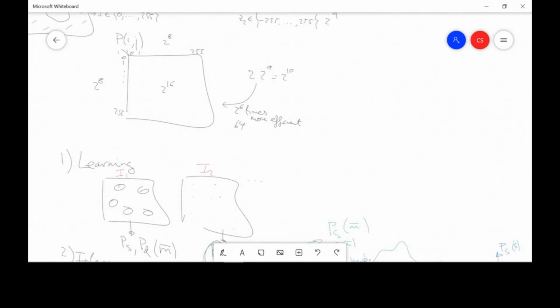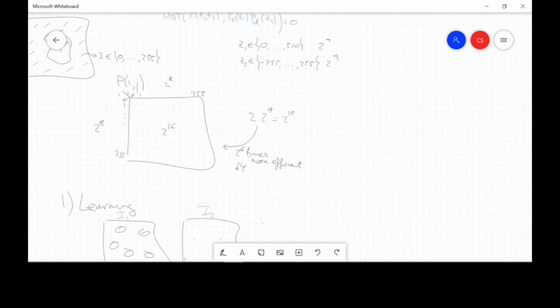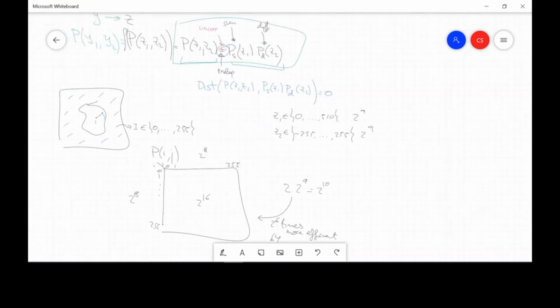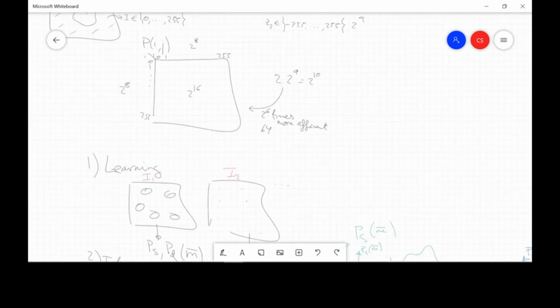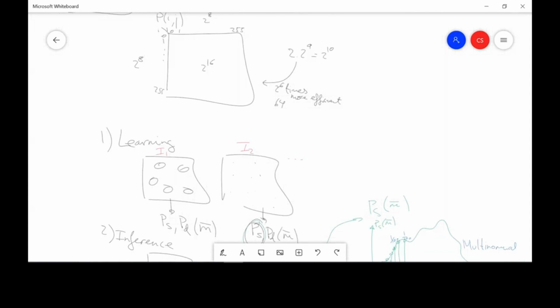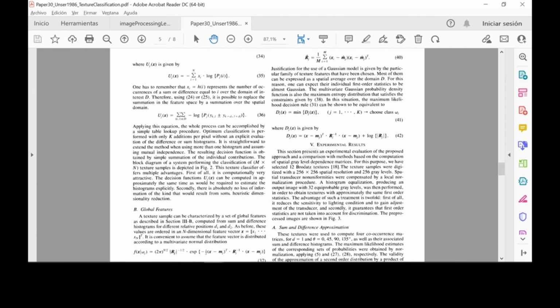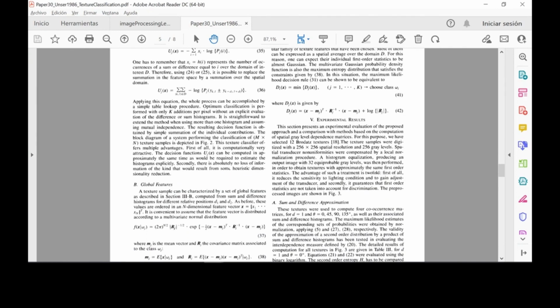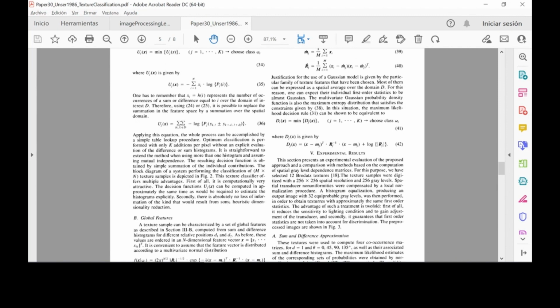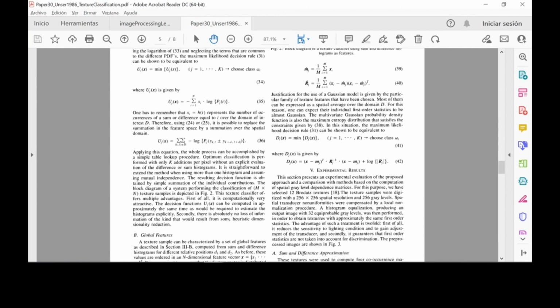You only need to compute these ones for the textures down here. For the textures you need to compute, but for the query image you don't, because you can loop over the input image, the query image. Okay, so that is one way to classify.